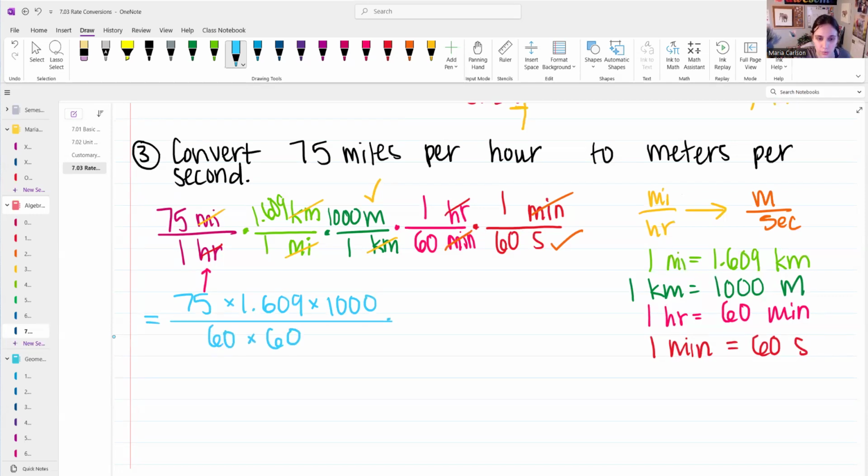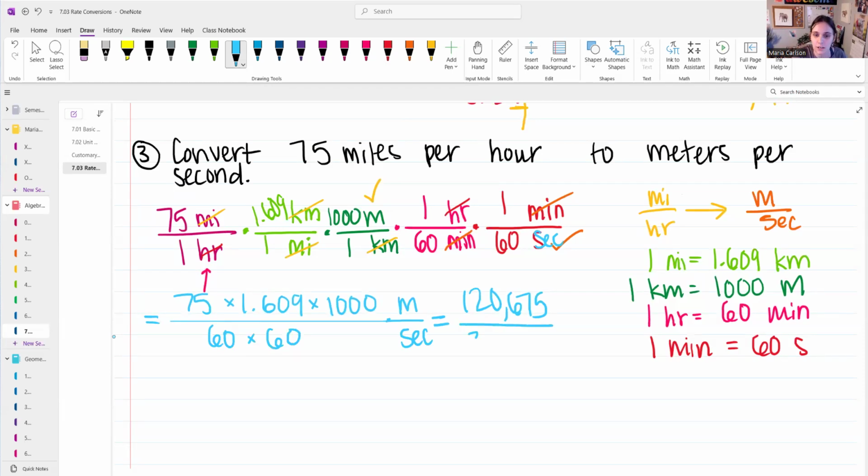And this is in terms of meters per second. Again, you could use just S or SEC. Now let's actually multiply. Multiplying across the top, we get 120,675 as our product in the top. And that is over 60 times 60.